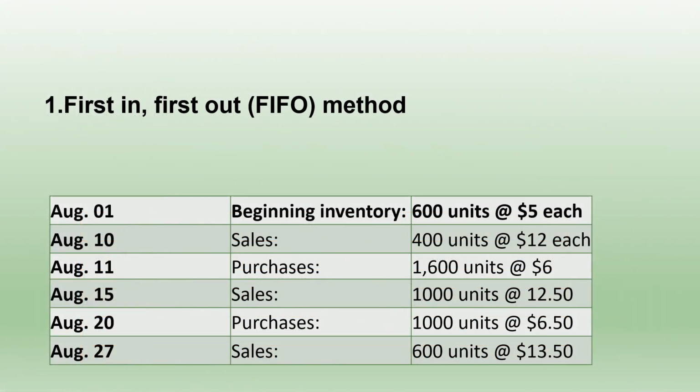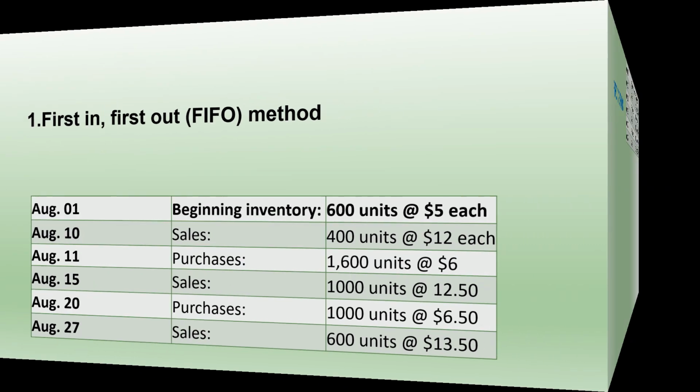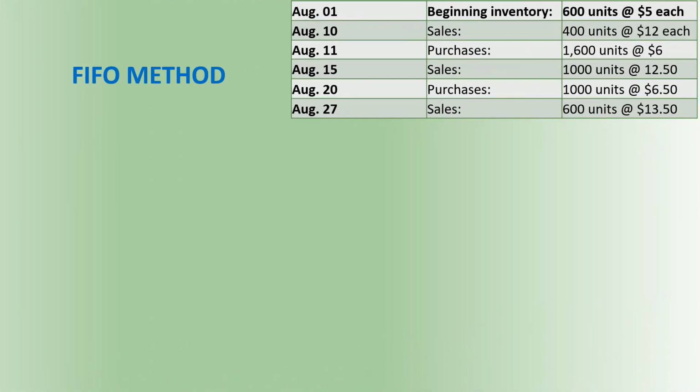Now let's prepare the inventory report based on the FIFO valuation method. Now let's go through the calculation. So here, first of all, we are going to calculate the sales. To get the sales, we are going to multiply the selling quantity with the selling prices.